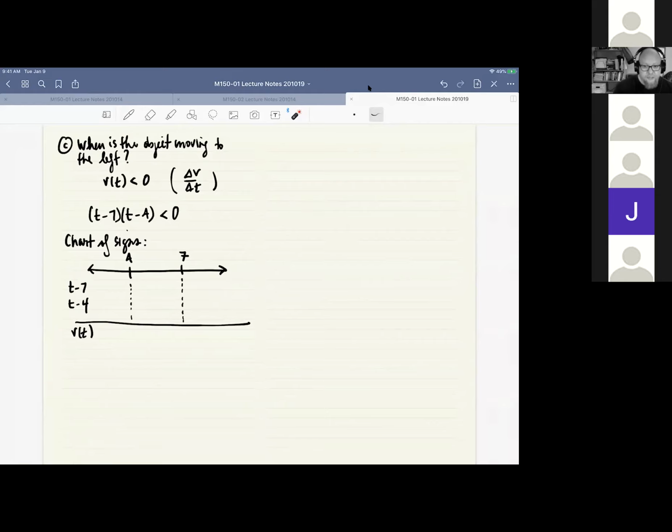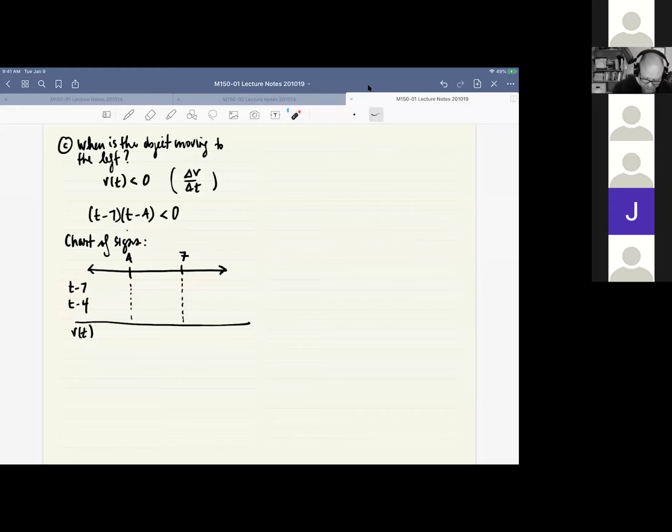One way you can decide that is, because I chose these to be linear functions, their sign will only change once in the whole real line. So 4 and 7 are the only places where my velocity function can change sign, because that's where my velocity function is 0. So if these functions change sign, they have to change at 4 or 7.